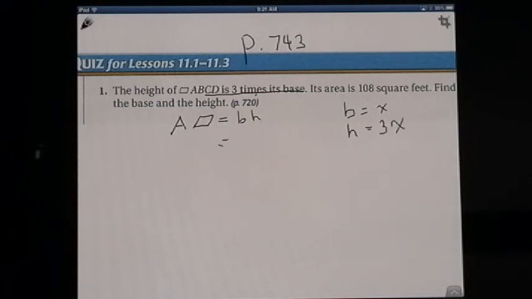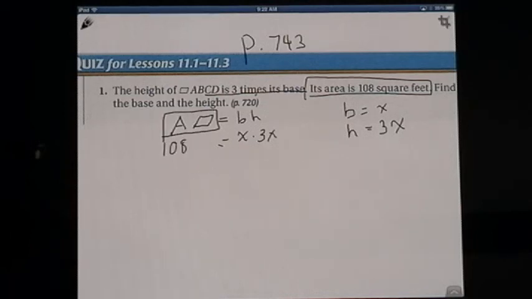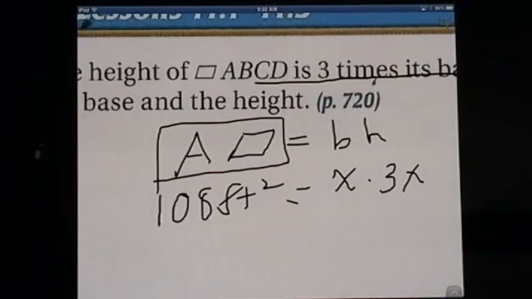So now we can go to our formula and we substitute in x for the base and 3 times x for the height. Because we know what the area is already, we can replace the area of the parallelogram with its 108 square feet. Okay, now I can bring this in a little closer for you so you can see what we're doing.